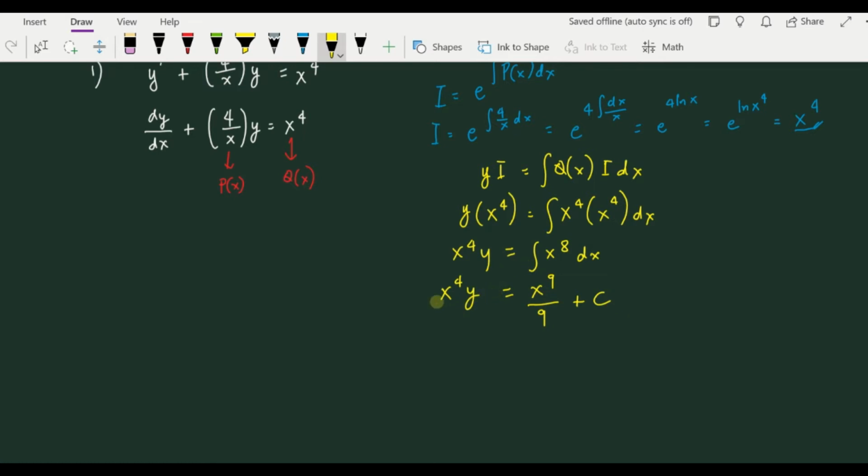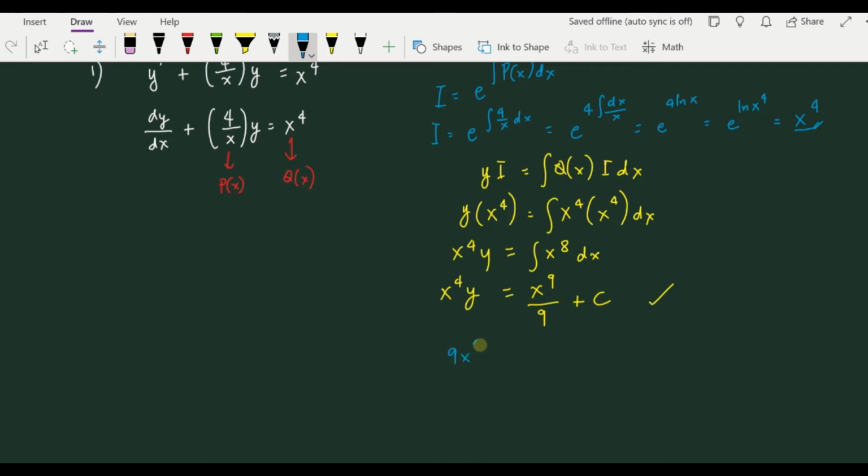So, ganyan lang yung pagkuha ng solution ng differential equation na linear. Ito na yung ating answer. x to the 4th y equals x to the 9 over 9 plus c. Okay? So, sometimes, tinatanggal yung denominator. So, pwede rin siyang maging ganito. I-multiply both sides by 9.